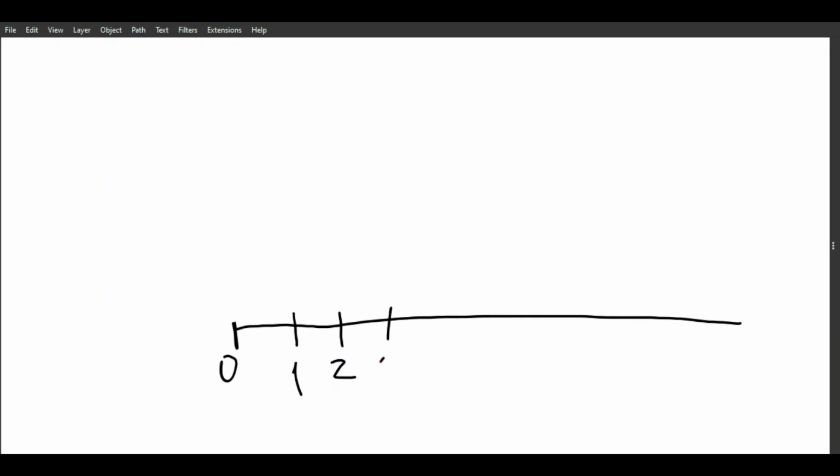So once again we make the timeline, starting with 0, and mark 1, 2, 3, 4, 5, 6, 7, 8, 9 and 10.